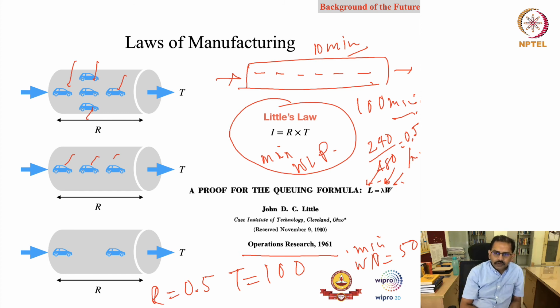Now, in the first case, you can actually assume that this is 50. In this case, my inventory is more than what actually is needed. Correct. So if the cycle time remains 100 minutes and I want the throughput of 0.5, I only need 50 WIP, right?